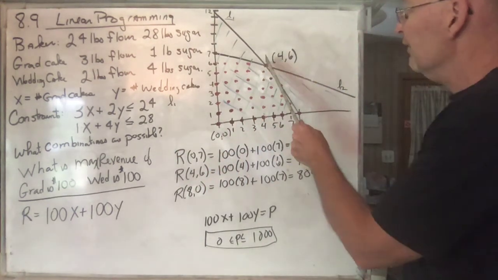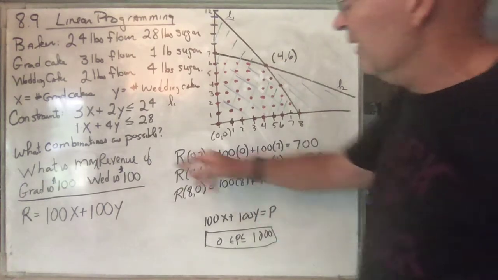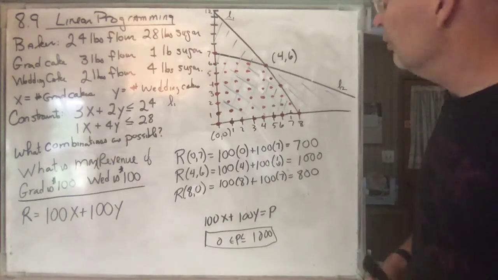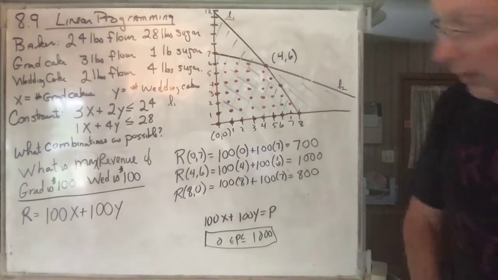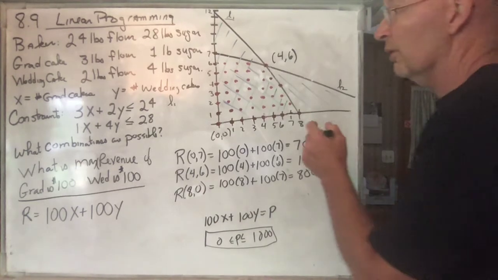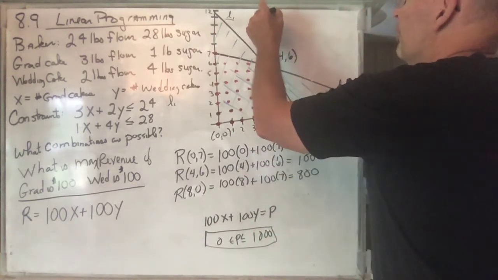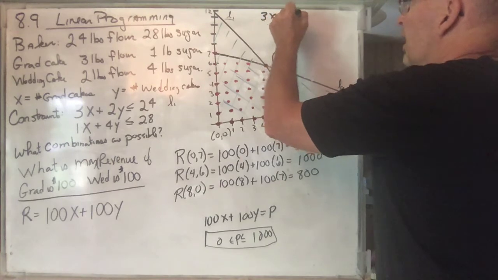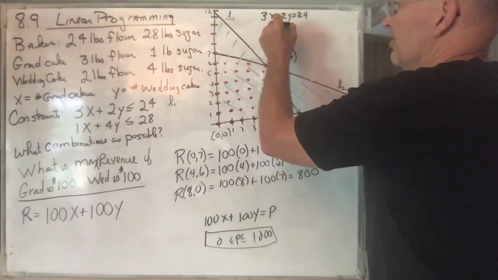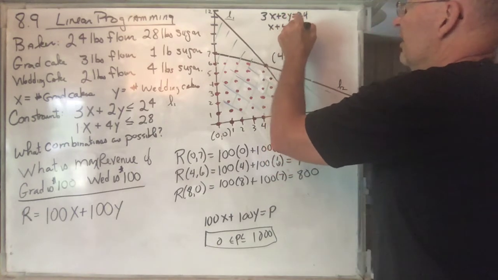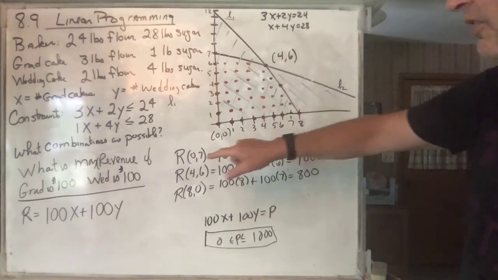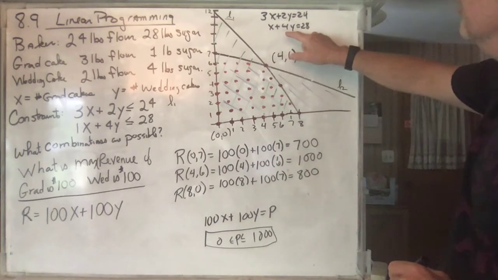By the way, how did I get 4, 6? Obviously I had to do that by finding the intersection of these 2 lines, right? I'm out of room, but let's just do it for practice. If I have 3x plus 2y is equal to 24, and I have x plus 4y is equal to 28, what's the easiest way to solve that system?